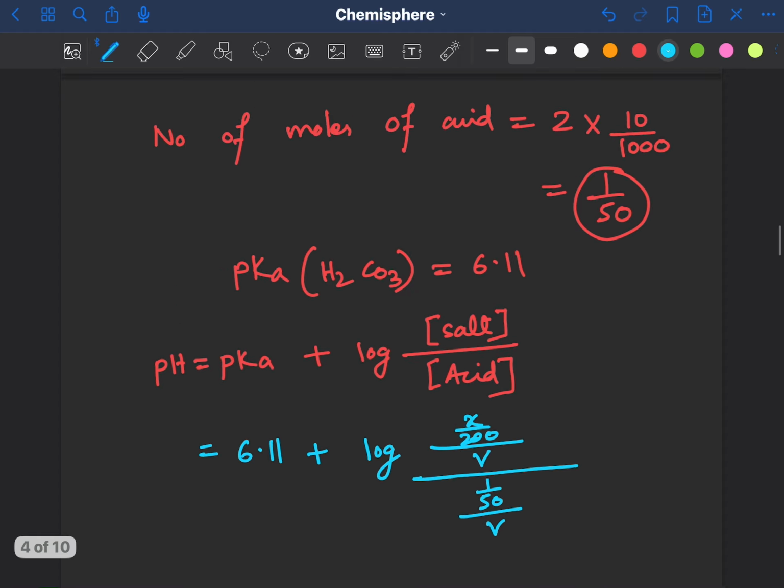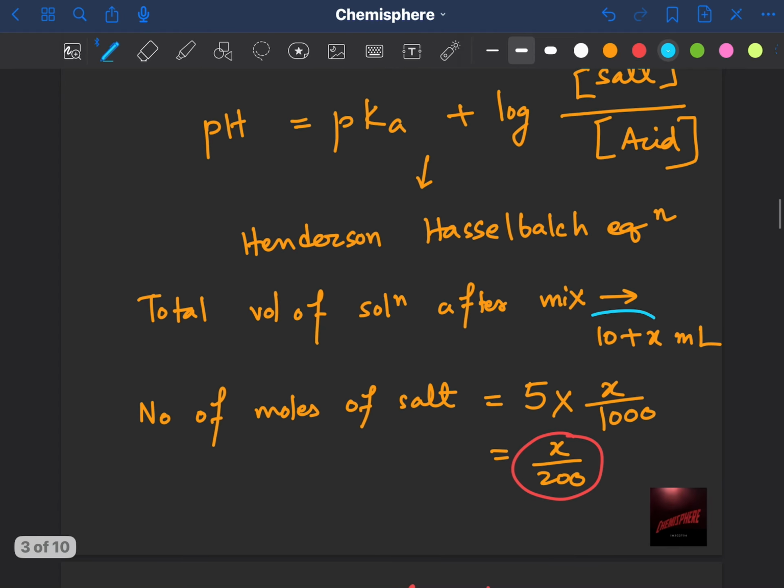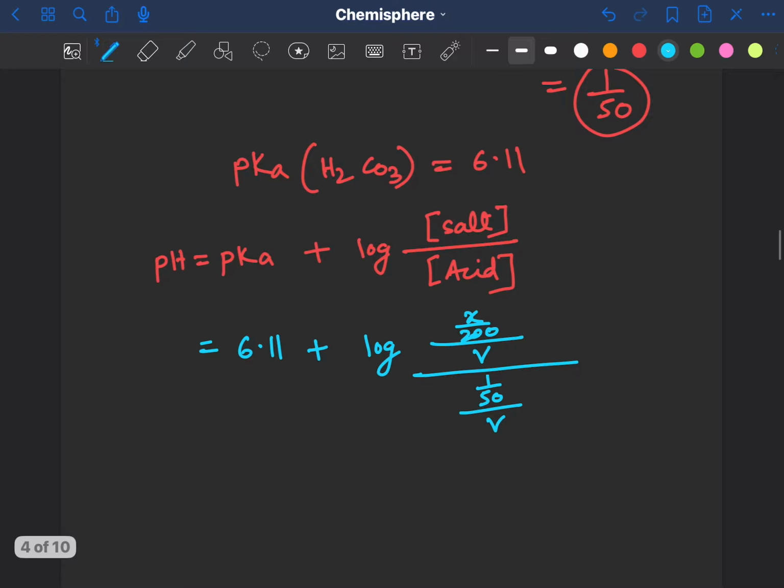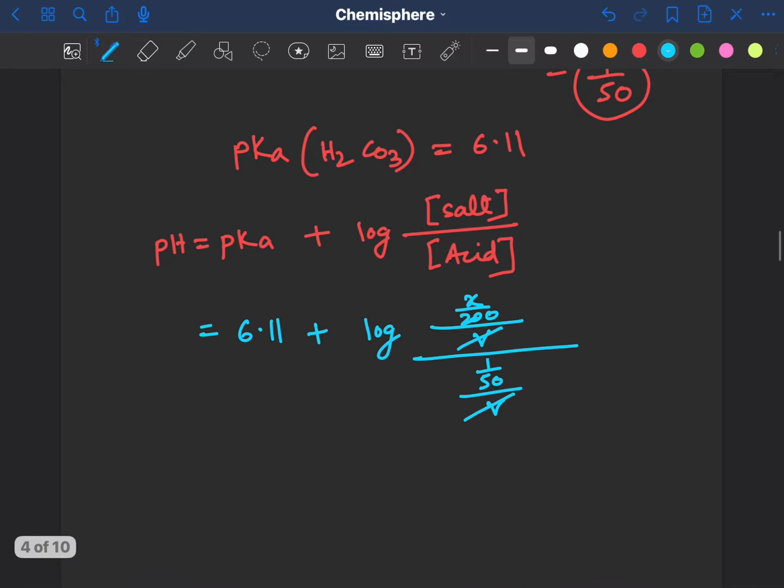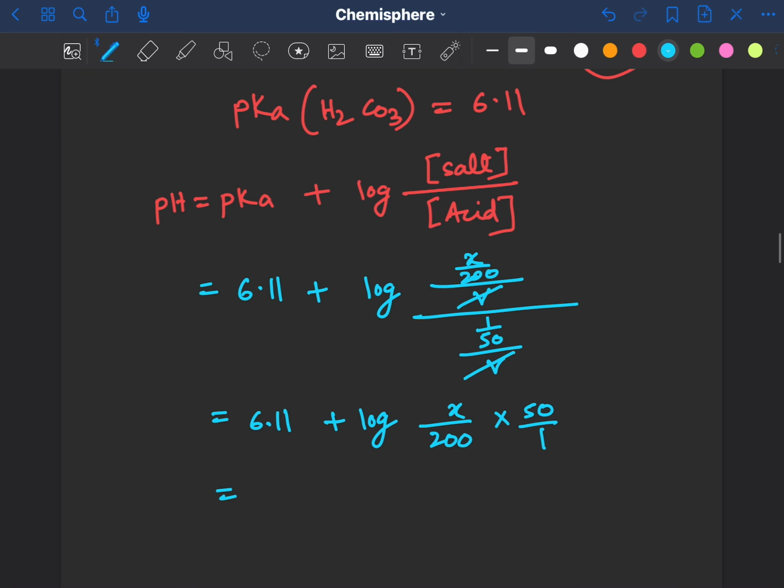The volume will be 10 plus X, but I'm not writing it here because it is going to get cancelled. When we solve this, it will be log of X by 200 into 50 by 1.